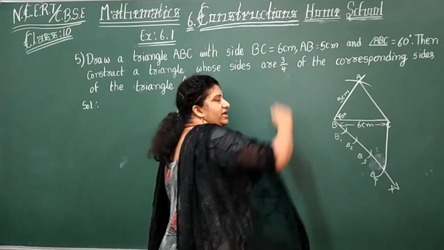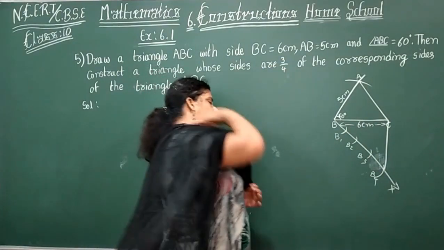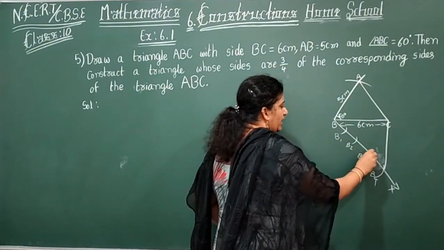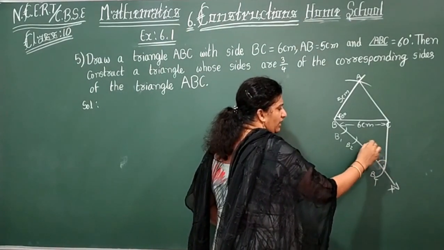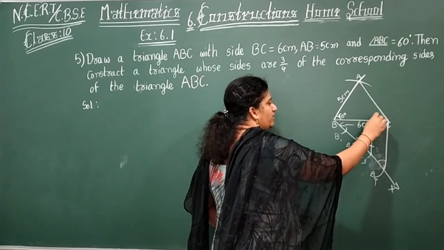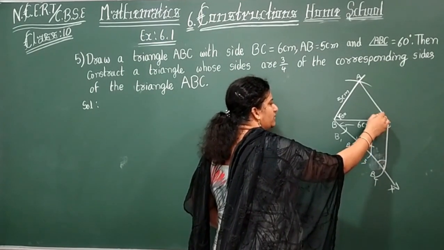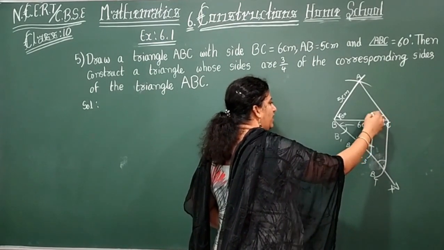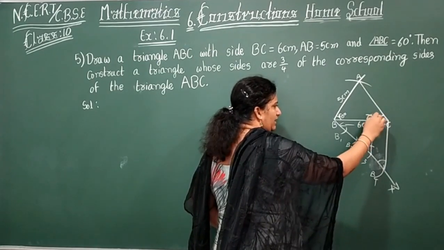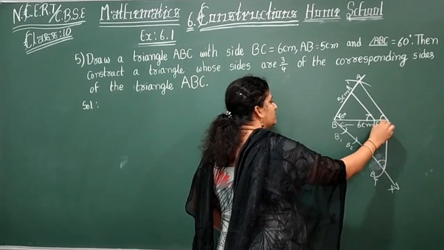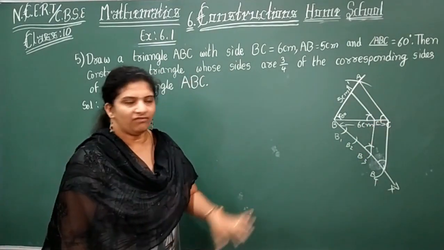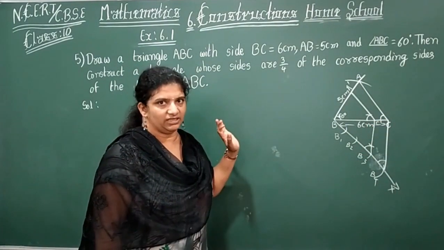What is your numerator, children? 3. At B3, what do I need to do? Draw an arc, measure, cut, join. Then again arc. From this point arc, measure, cut, join. This is your similar triangle. This is the way we do the construction here, children.